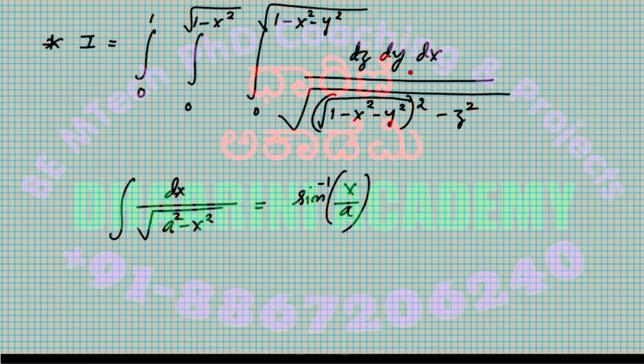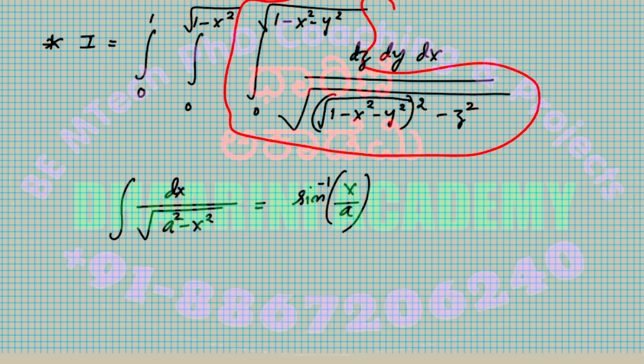So the answer for this will be sine inverse of z divided by root of 1 minus x square minus y square. Possible. That's why I told you, it looks pretty complicated, but in one step it becomes nothing. All right. Yeah. Please proceed.